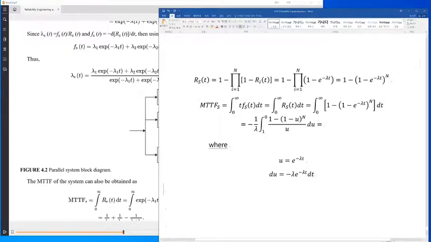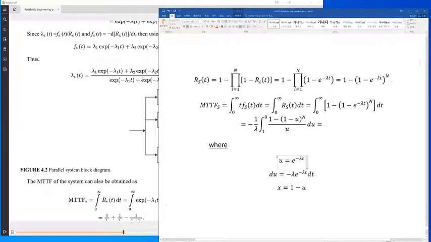So I'm going to introduce x as 1 minus u, but what I just realized is that we could define u as 1 minus exponential minus lambda t instead of this.